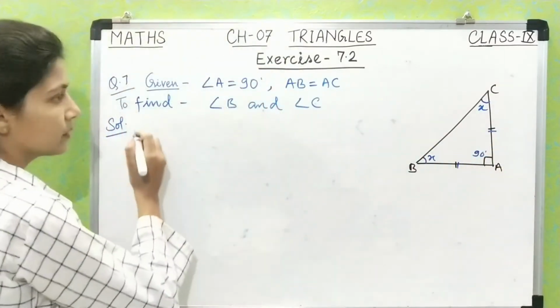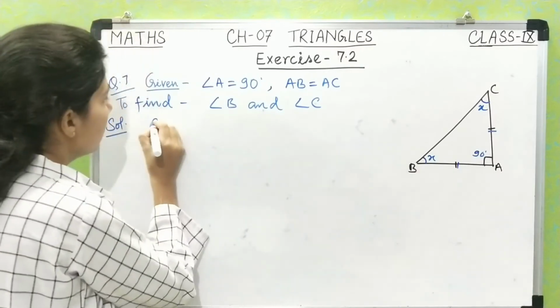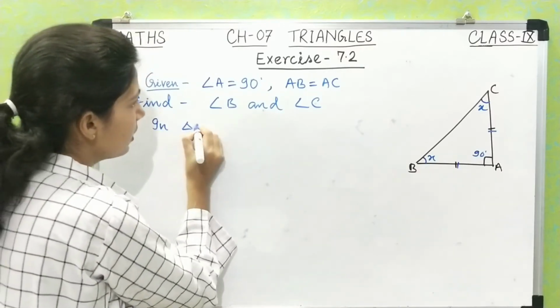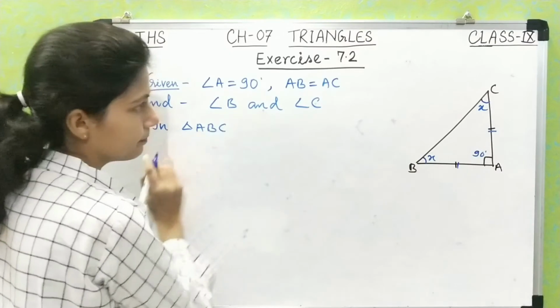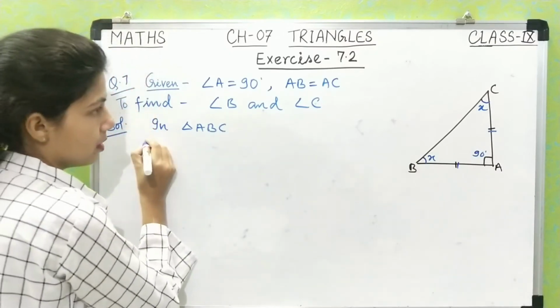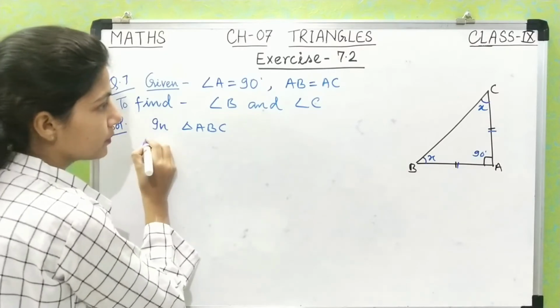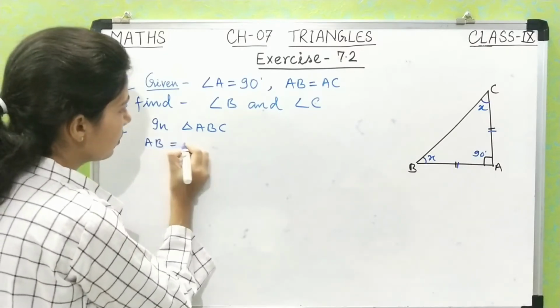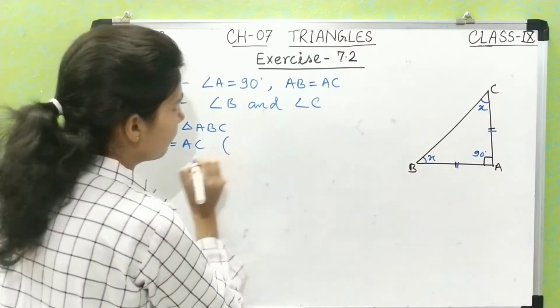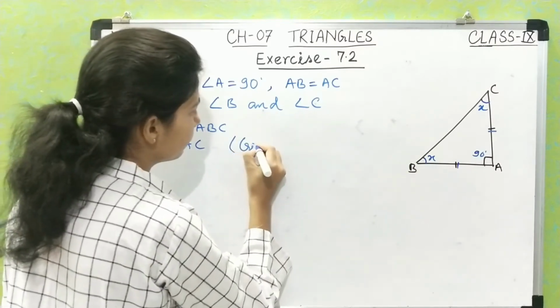So see here, in triangle ABC, AB equals AC. Why? This we have been given.